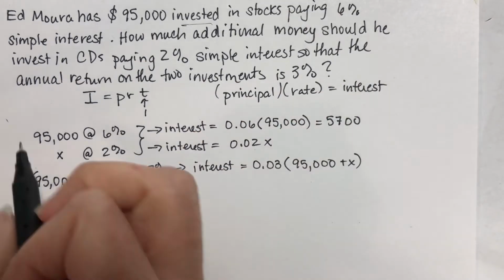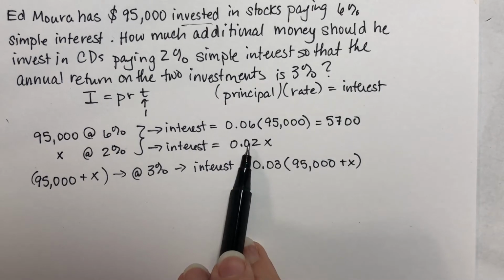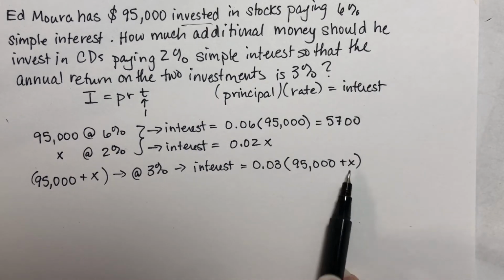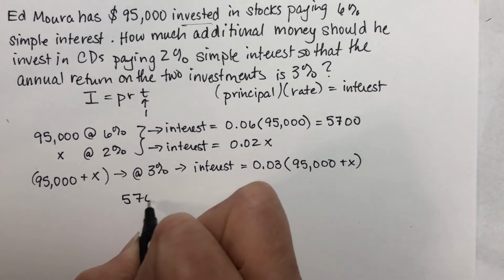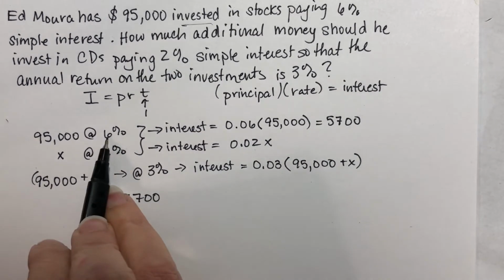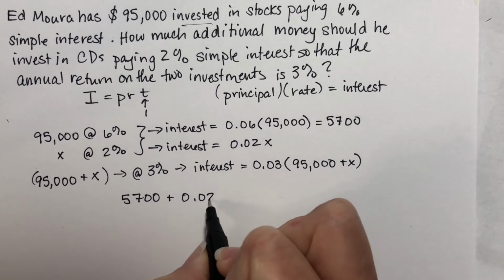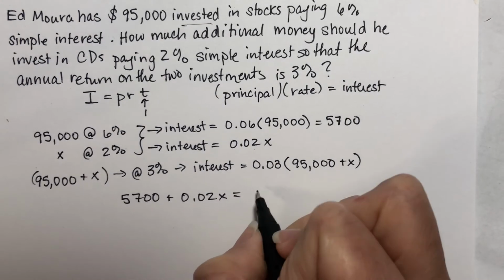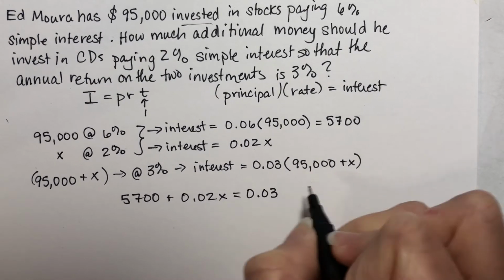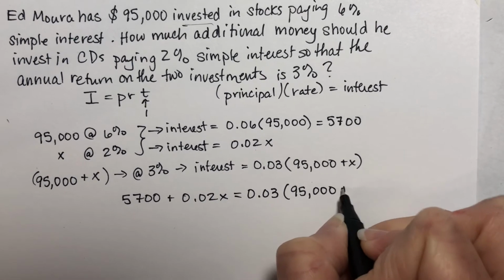So what I should be able to do is to take this interest, plus this interest, and have it equal this interest. So my equation would be $5,700 from that first investment, plus 0.02x, that's for my second investment, and this equals 0.03 times 95,000 plus x.